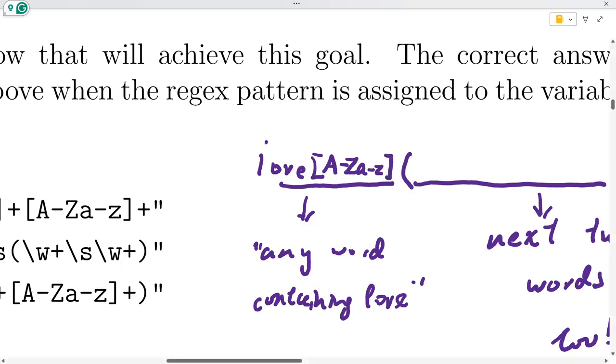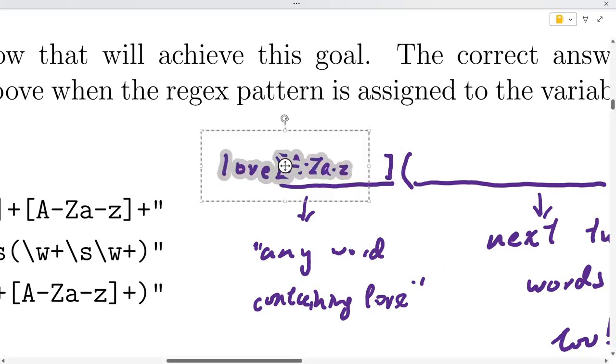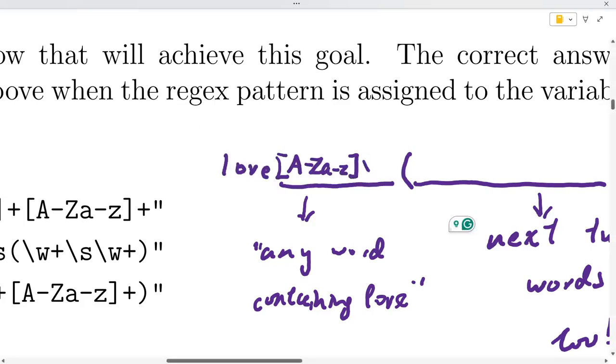Okay, there's an indeterminate amount of such characters, so out of the question mark, plus mark, and asterisk, we will prefer using asterisk because there might also be no character preceding or following it. And then, last but not least, because there's a word afterwards, we need a space. So this is the pattern for the first part.